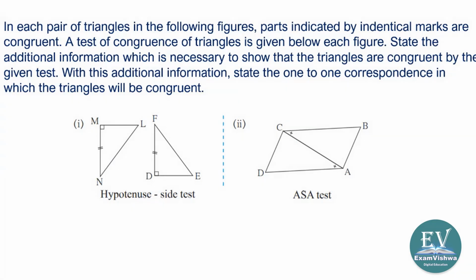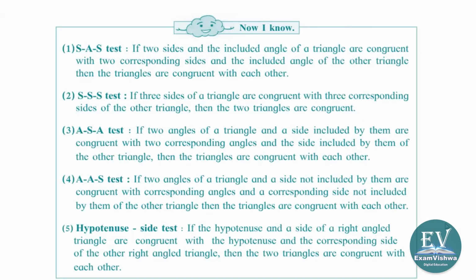Good. Chalo. So my dear students, this is a copy from your textbook where you studied about SAS test, SSS test, ASA test, AAS test, hypotenuse side test. All these tests are now known to you. You have to apply this in order to solve the problems given in the textbook 13.2. Take time, be very patient, be very perfect, but do it yourself, as I always say.